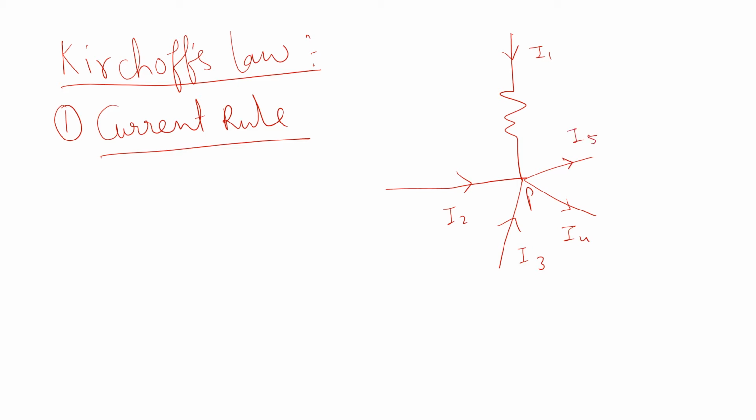So at point P, at this point, or in simple words at the junction, when I add the total current, I will get 0. So in simple words I can say sigma I equals 0 at the junction.